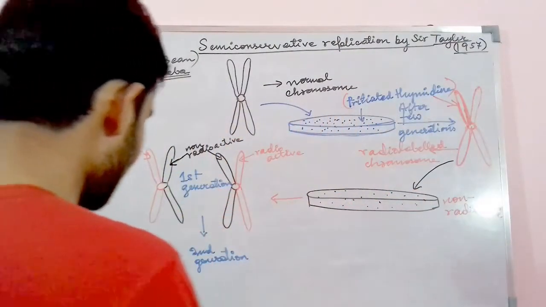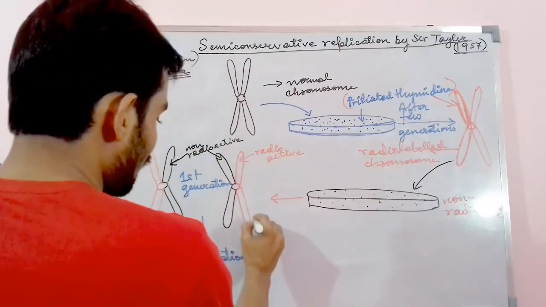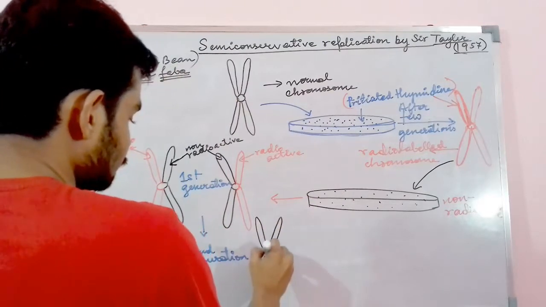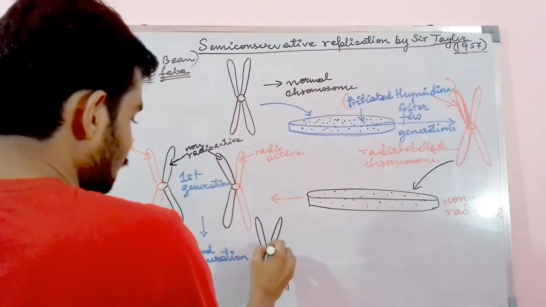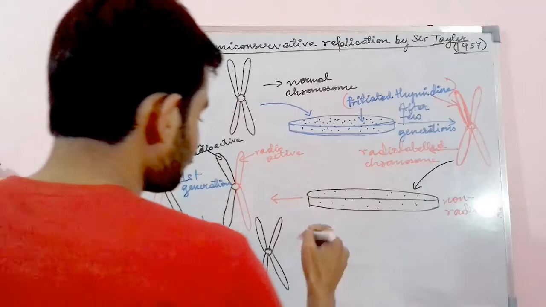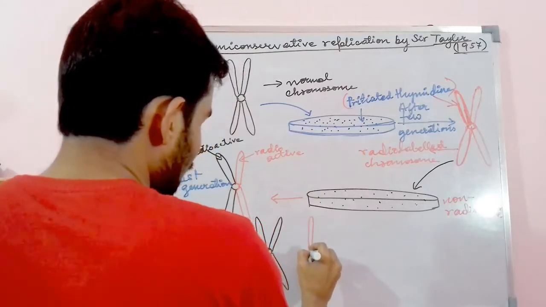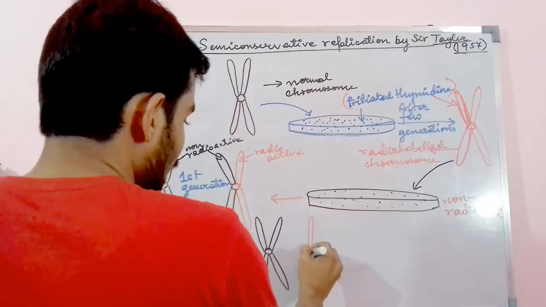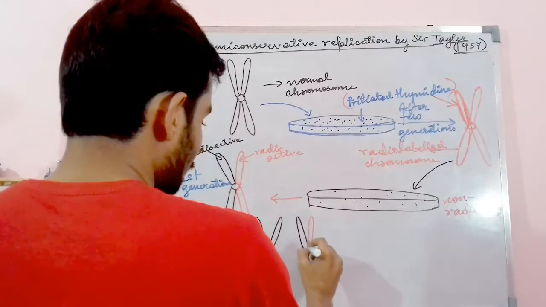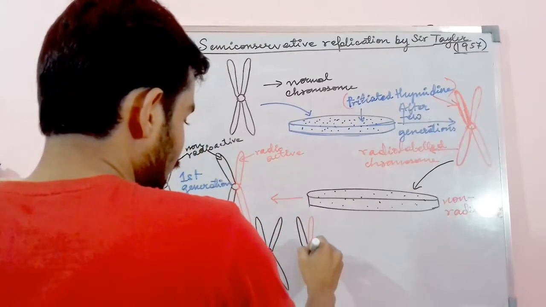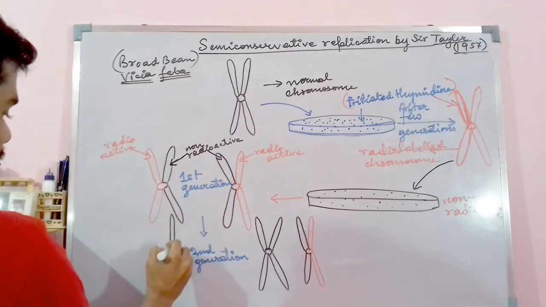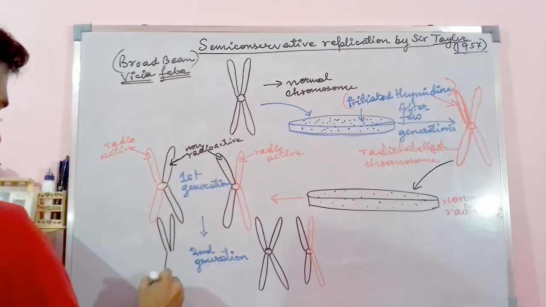Now in the second generation, again the same way of replication was conserved. This chromosome is forming these 2 chromosomes. And here also the same thing happened. This chromosome was forming these 2 chromosomes.